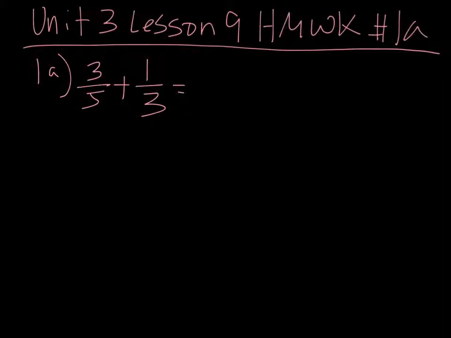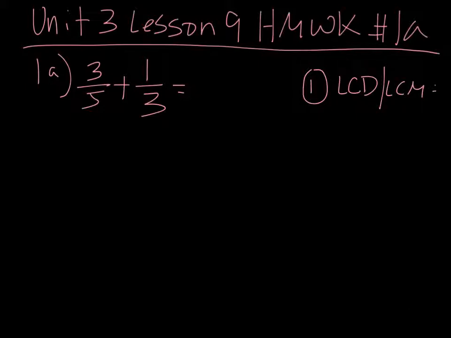Our homework tonight is lesson 9, the lesson we did in class today, and it is adding fractions, and it is working on getting a common denominator, or what the book calls like units. So step 1 is to figure out what the LCD is, or the LCM, least common denominator or least common multiple.